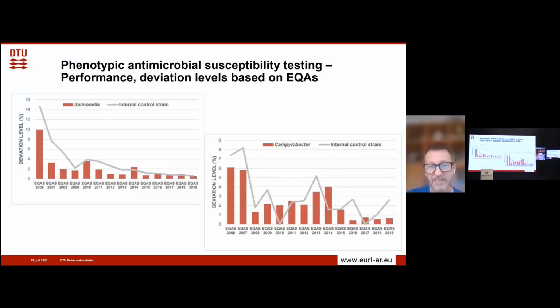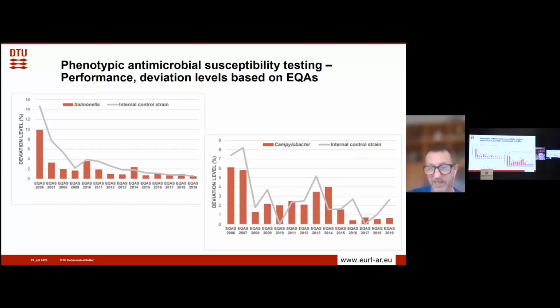So basically, this is condensed from the EQA schemes reports that have been issued every year since 2006, showing the performance of all the NRLs in the EU. And basically, we could see that in 2006, we started with a Salmonella deviation level of about 10%, and then we are down to less than 1% right now in terms of deviations.